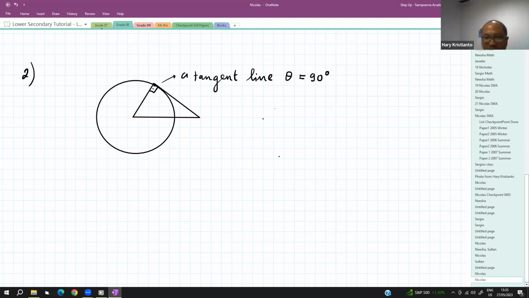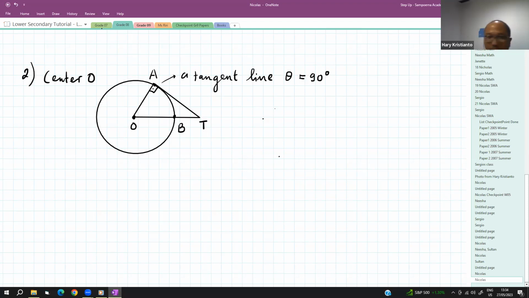Now the question is, the diagram shows a circle, center O. A and B are points on the circle such that angle OAT is 90 degrees, and OBT is a straight line.